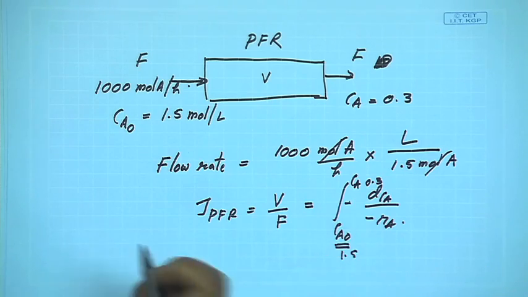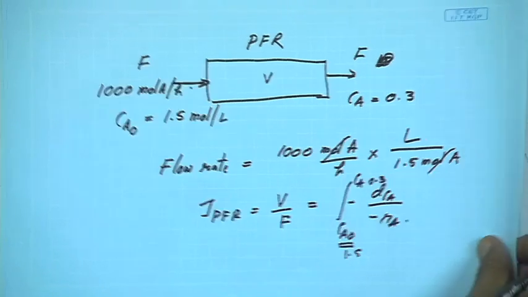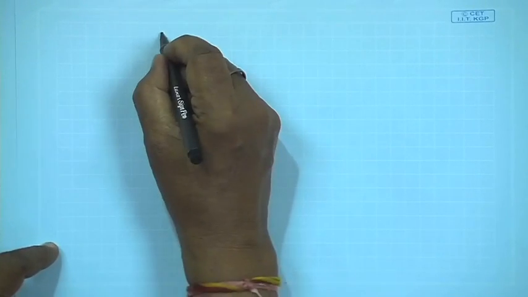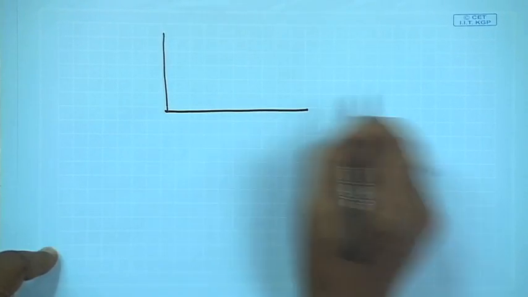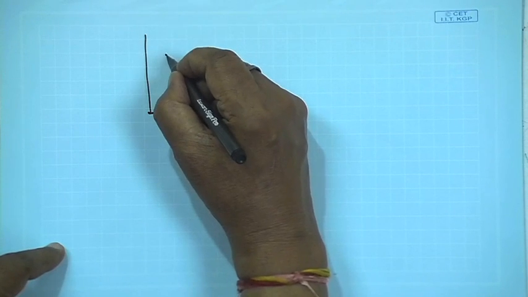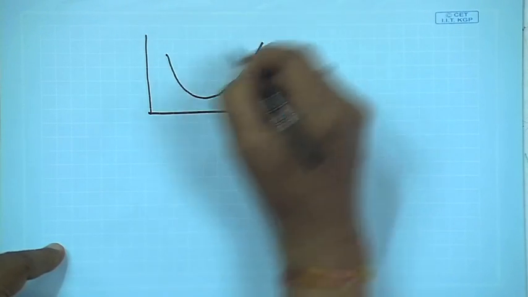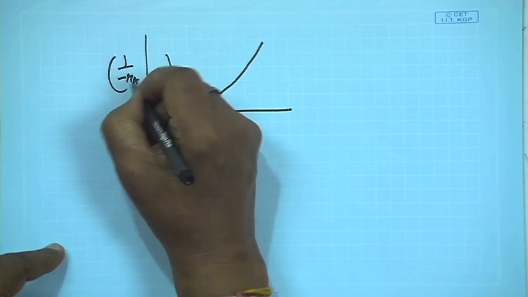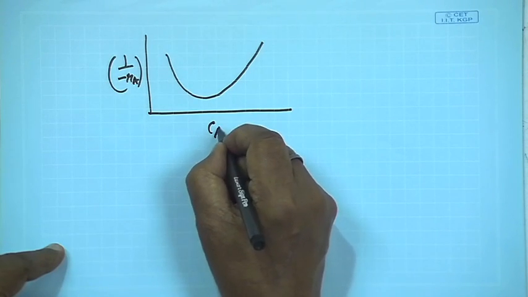In our previous case that we have already seen, we have the plot like this, 1 by minus RA versus CA. Am I right?